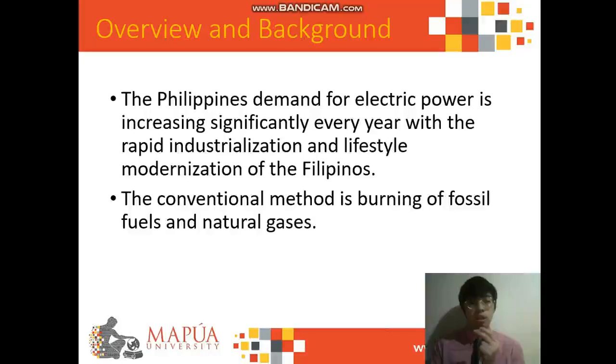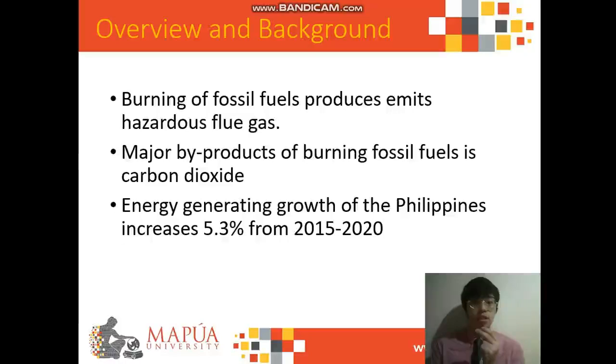But burning the fuels produces hazardous flue gas, which has byproducts of carbon dioxide, and the study shows that energy generation growth of the Philippines increased 5.3% from 2015 to 2020.